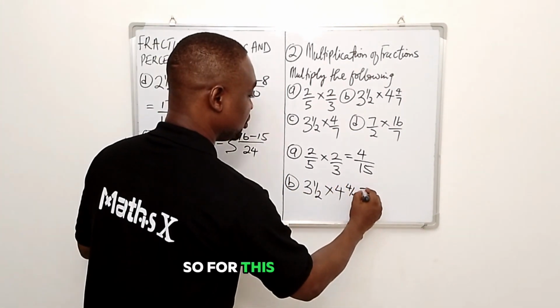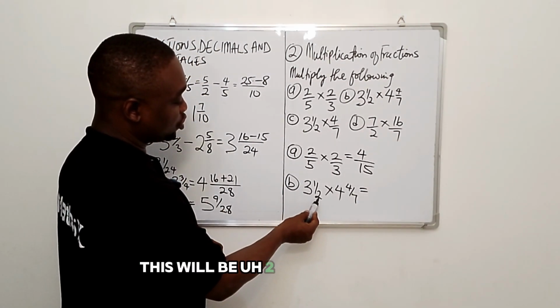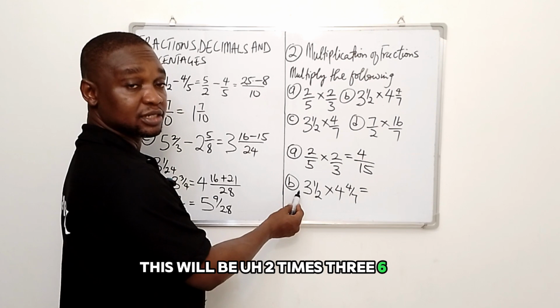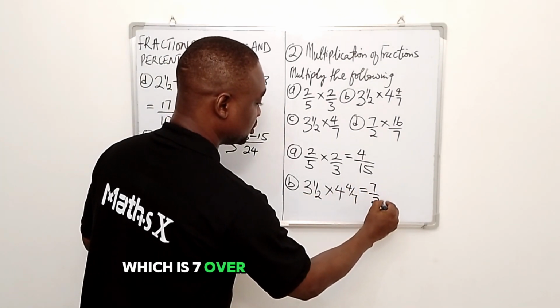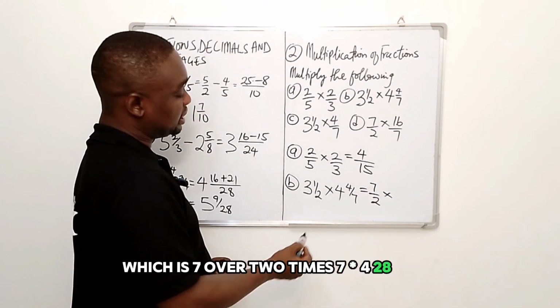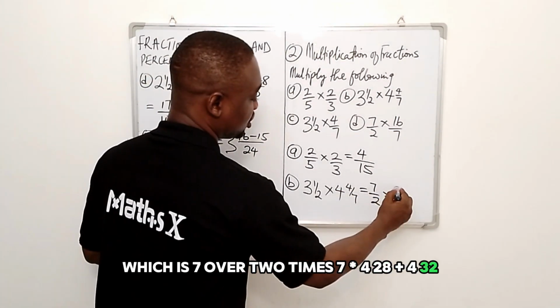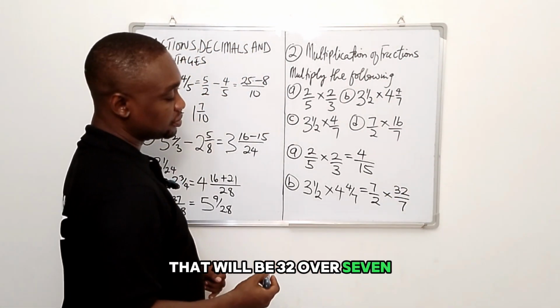For this conversion, I showed you this in our previous video. This will be 2 times 3, 6, plus 1, 7, which is 7 over 2 times 7 times 4, 28, plus 4, 32. So that will be 32 over 7.